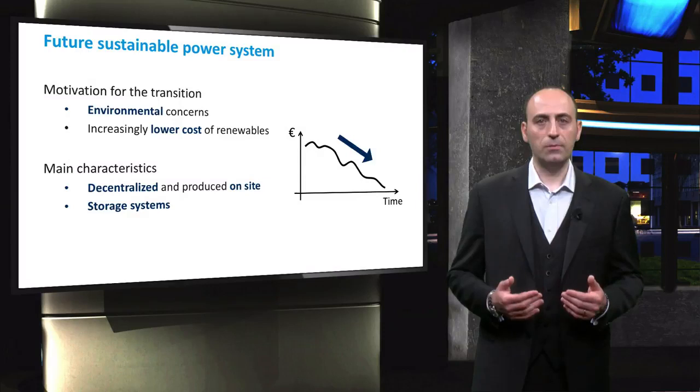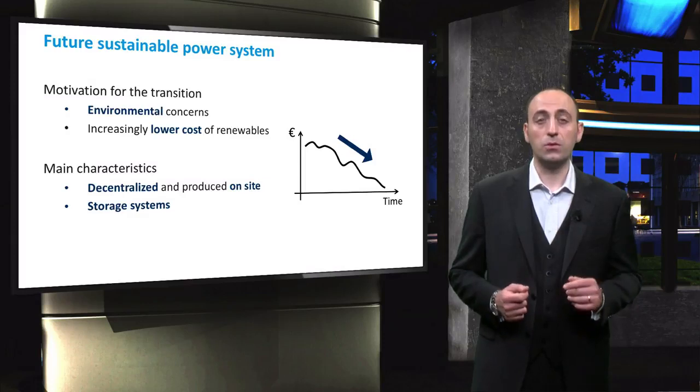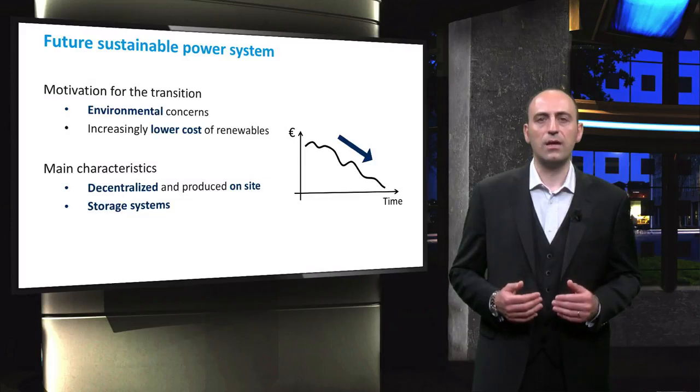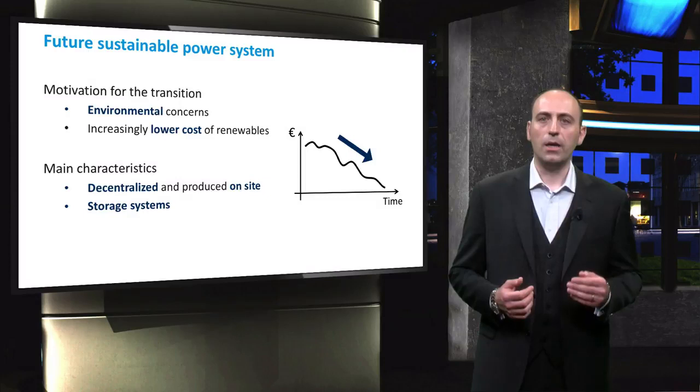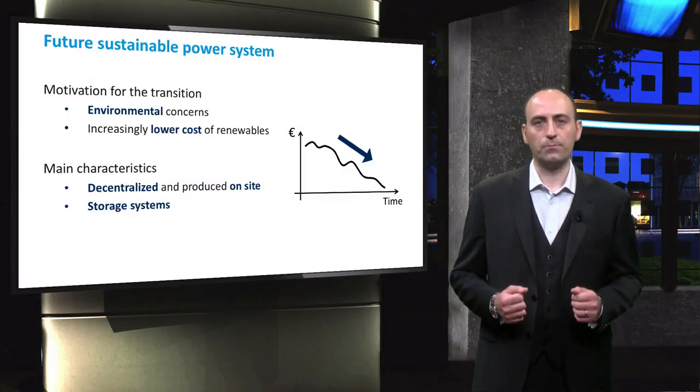It has to be adapted to properly integrate renewable energies, which, unlike the conventional power sources, can be produced on-site. As a consequence, the system is decentralized and has to account for the uncontrollable nature of the renewables. In this way, we need different types of storage for day and night variation, but also for the seasonal variation.